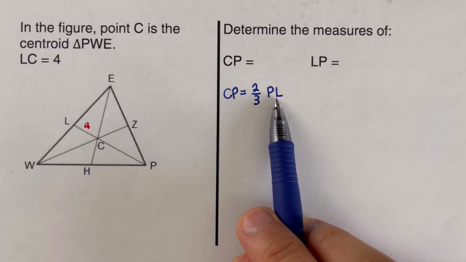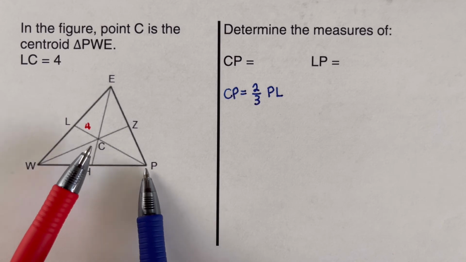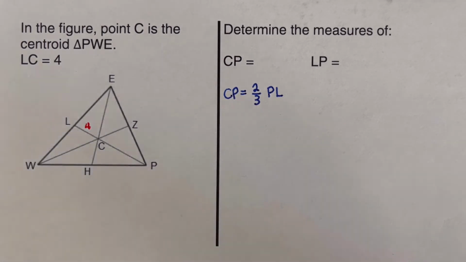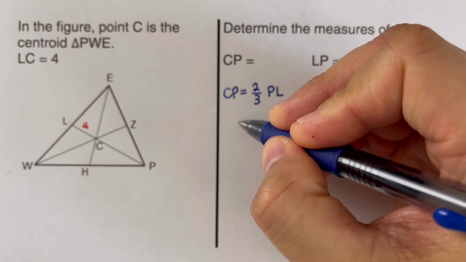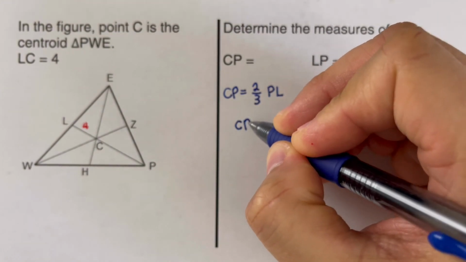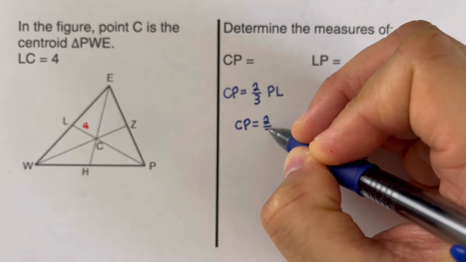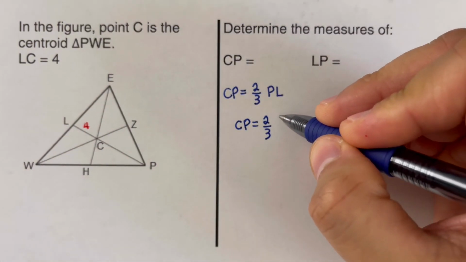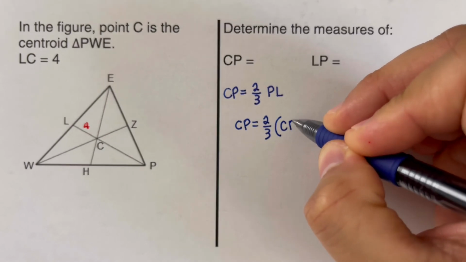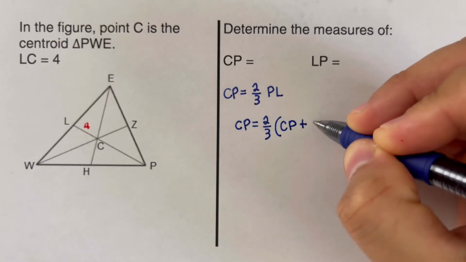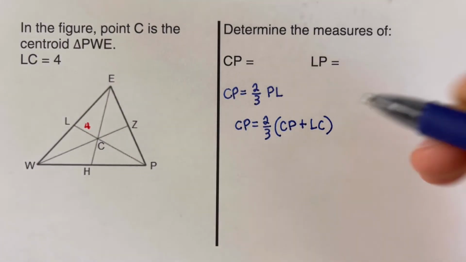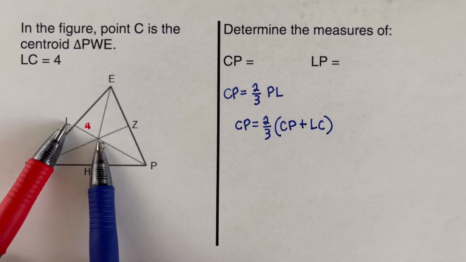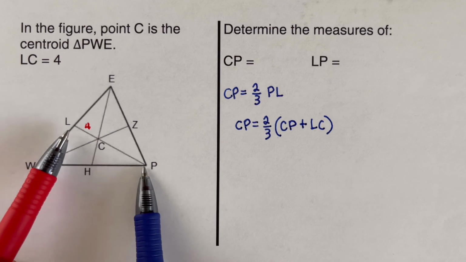PL is actually the sum of PC and LC. So that we can go ahead and rewrite this to be CP is equal to 2/3. Again, PL, that's the whole thing. That's actually the sum of CP plus LC. So if we add the CP and LC, that's actually equal to PL.